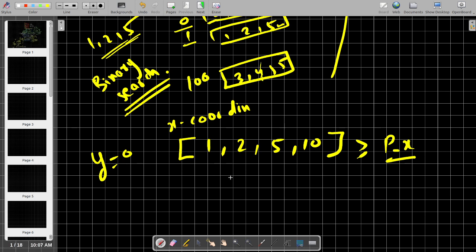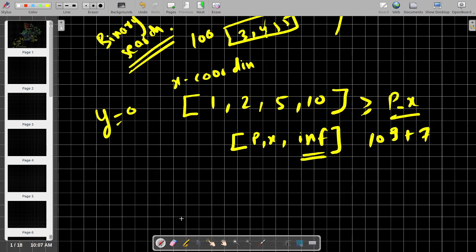So basically we have to find numbers in the range px to infinity. Here infinity is basically 10 raised to 9 plus 7 or something, for the borderline. Now there is one shortcut method: if you want to find how many numbers lie in a range, it's just upper bound minus lower bound.